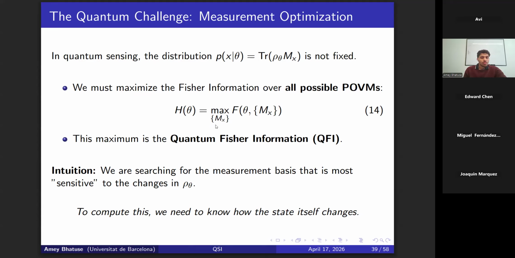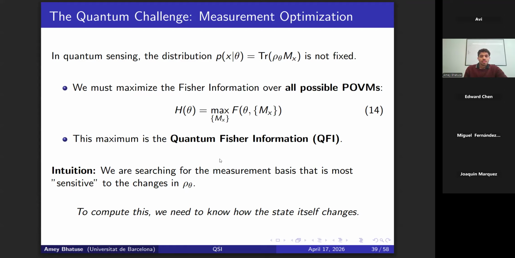The basic intuition behind this is that we are searching for a measurement basis that is most sensitive to changes in the underlying state. As we saw, if it changes very rapidly, then because of the Cramer-Rao bound, it will give us a precise estimation of the parameter.